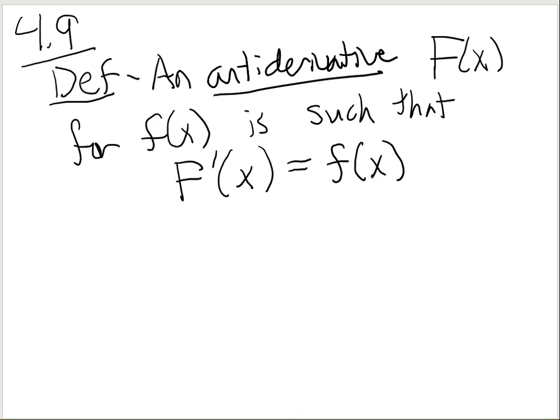And that's it. So for example, if you take x squared, well, that's the antiderivative for 2x, because when you take its derivative, you get this equality.